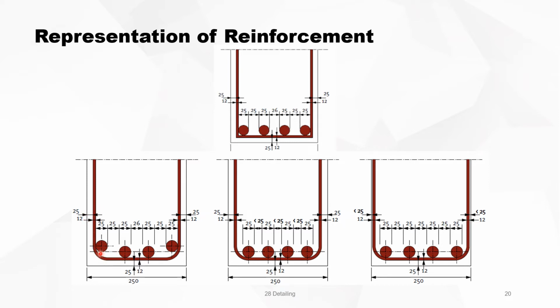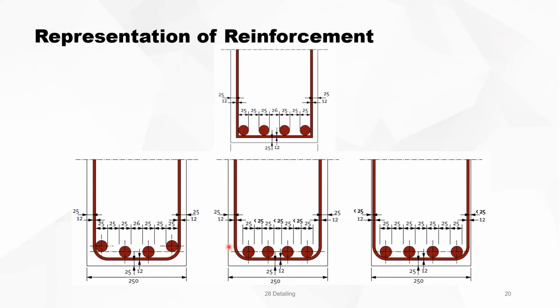He knows it's important that the clear distance between the bars must be 25 and not less than 25, but he cannot put all the rebars in the same layer because that stirrup is bent. So this is taking care of the clear distance and of the concrete cover, but the lever arm will be less than what is intended. Not much, but it will be less.